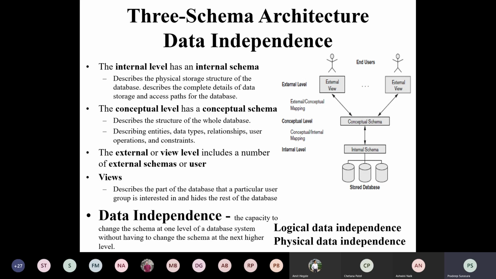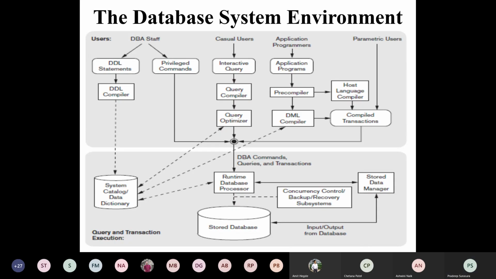It's always three scheme architecture. This is the system environment, or component modules, or system components. If anyone asks, you have to write only this. People get confused, I have seen, but you don't get confused. All right, so all the things are covered in this.